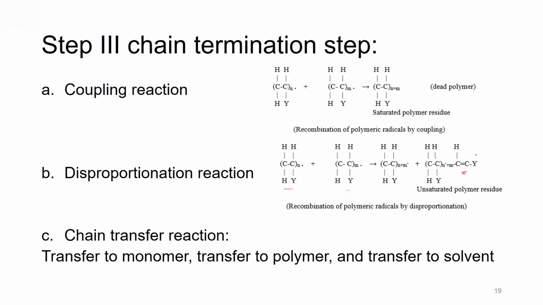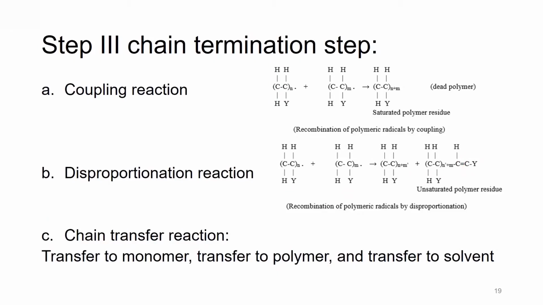This will stop it from growing further, and this reaction of the radicals, which we call disproportionation, would form a chain with unsaturated bonds.